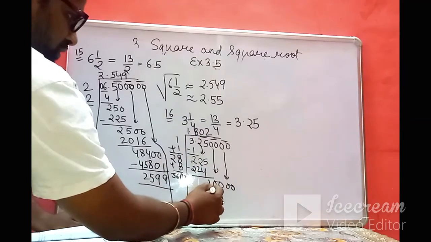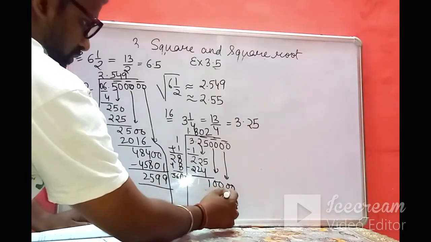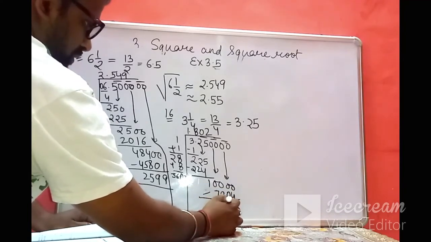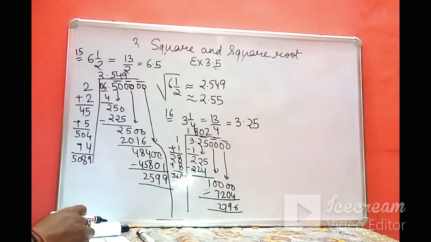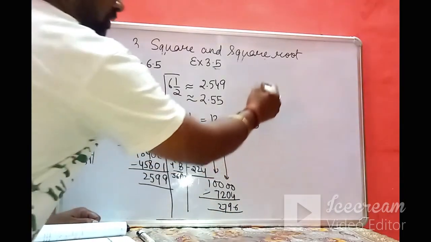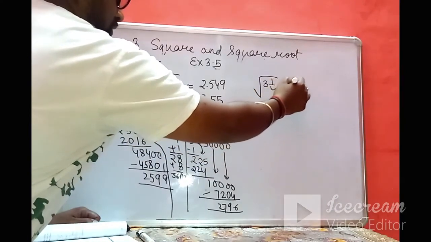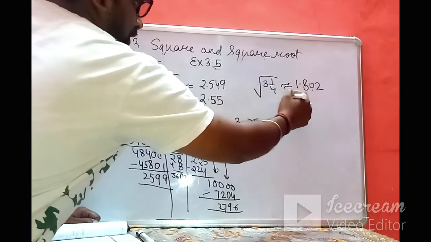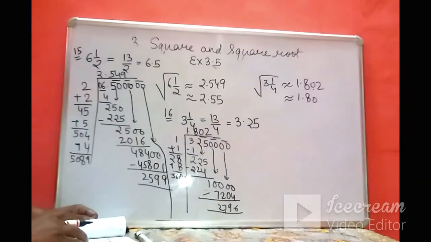So it is 7204. 6972. Okay, so what is the value of square root of 3 1/4? Approximately 1.802, and when you round it off here you will get the answer 1.80 only.